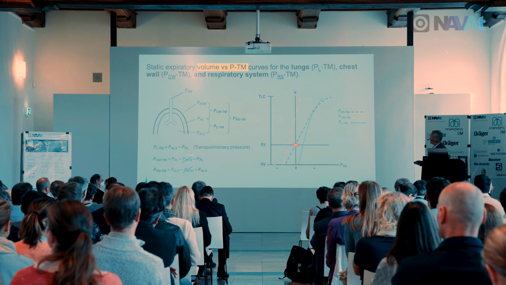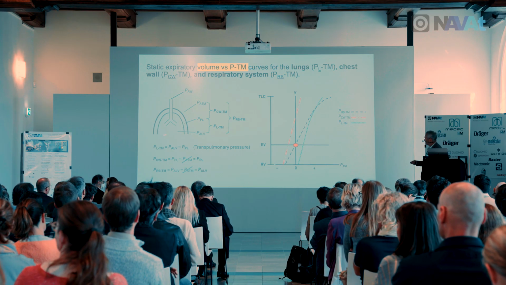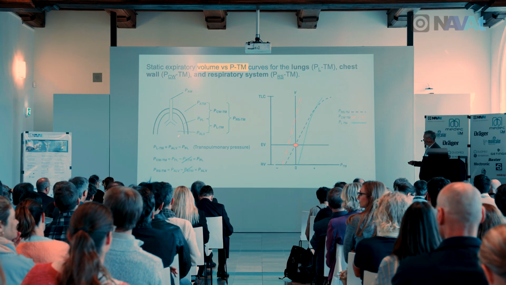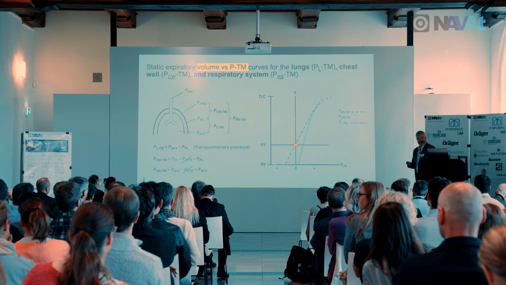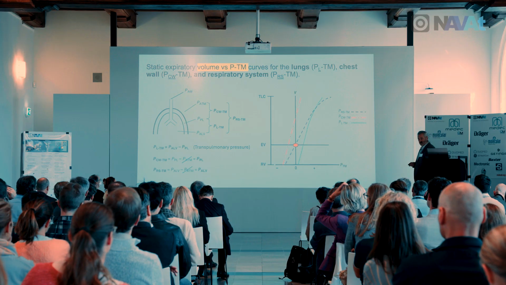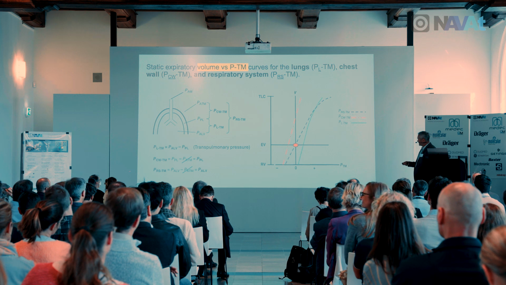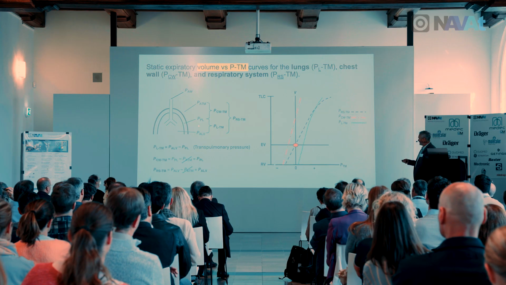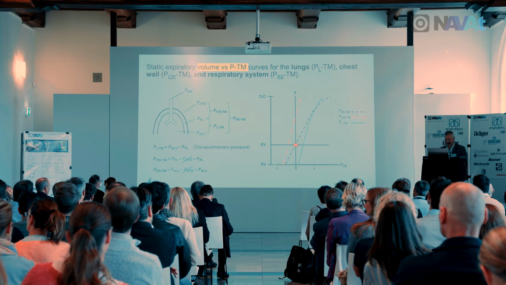But then there's also the chest wall transmural pressure, the pressure gradient over this component here, and that's the difference between pleural pressure and atmospheric pressure. Atmospheric pressure we can neglect, because that means actually pleural pressure is the transmural gradient for the chest wall. And finally, there is the total respiratory system. That's the difference between the alveolar pressure and the atmosphere, or atmospheric pressure we can neglect and use alveolar pressure for that.